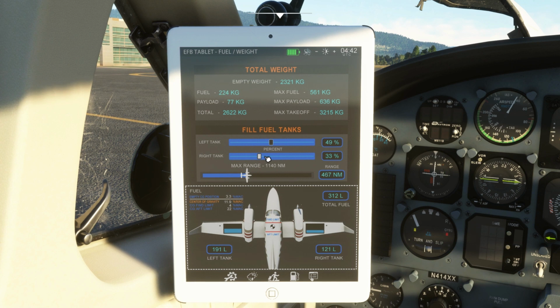Okay, and this, okay, 275 as we needed. Perfect. Now 275 kilograms means 104 gallons.